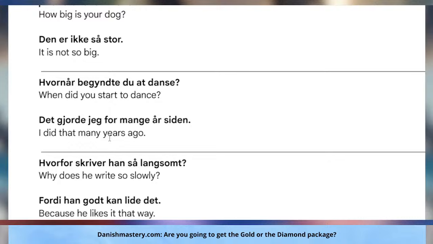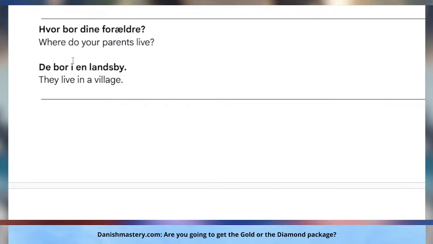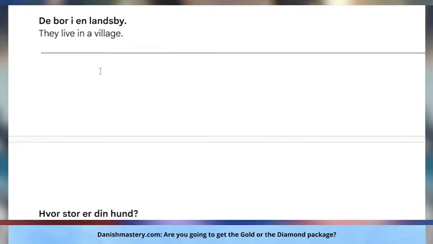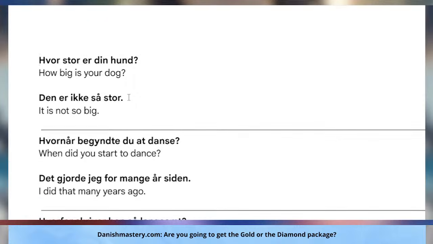Ikke så stor, ikke så lille, ikke så hurtig, ikke whatever. So hvor is both like where, but it's also like how big, how many, how good, how, like, to a degree, right? What extent. So hvor bor dine forældre? Where do they live, your parents? Altså hvor stor, like how big, hvor mange, like how many, hvor meget, how much, and so on. Hvor gammel, how old.